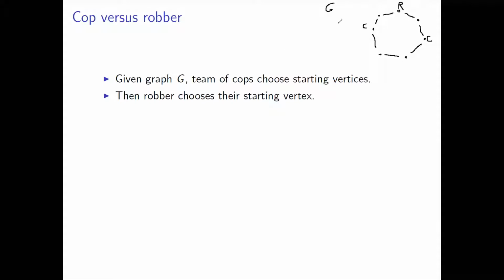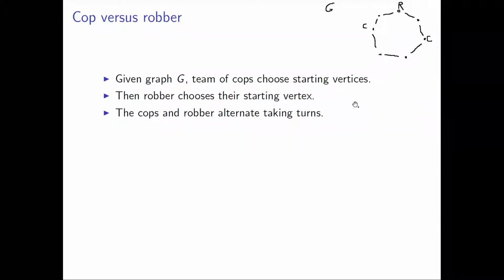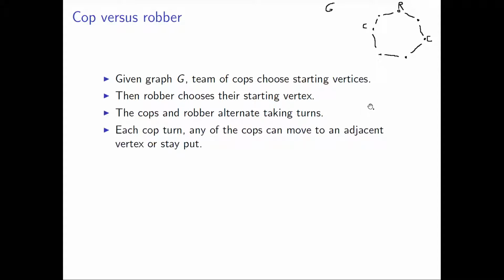Now, each turn of the game, the 2 players will alternate. And just as the cops placed initially and then the robber placed themselves second, with the turns, the team of cops goes first and then the robber goes.